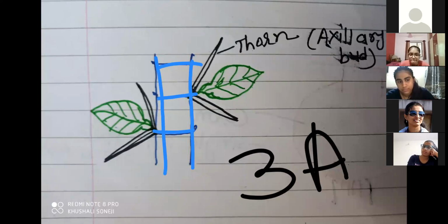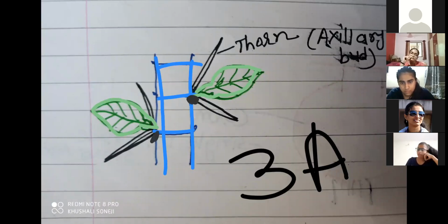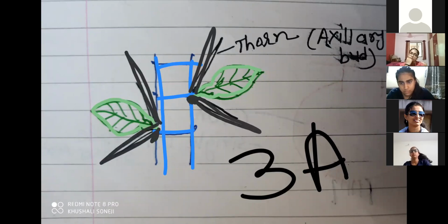Then the leaves are there. And at the axil here, the axillary bud is present. So in some of the plants, this axillary bud terminates into a spiny structure that we call a thorn.